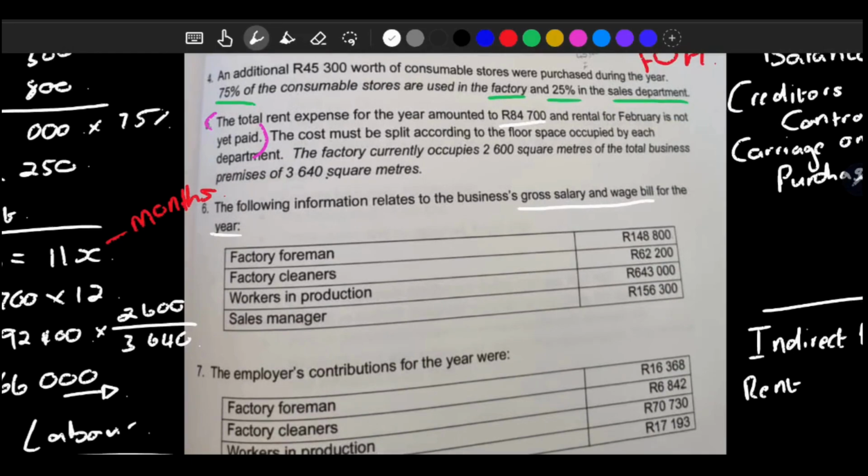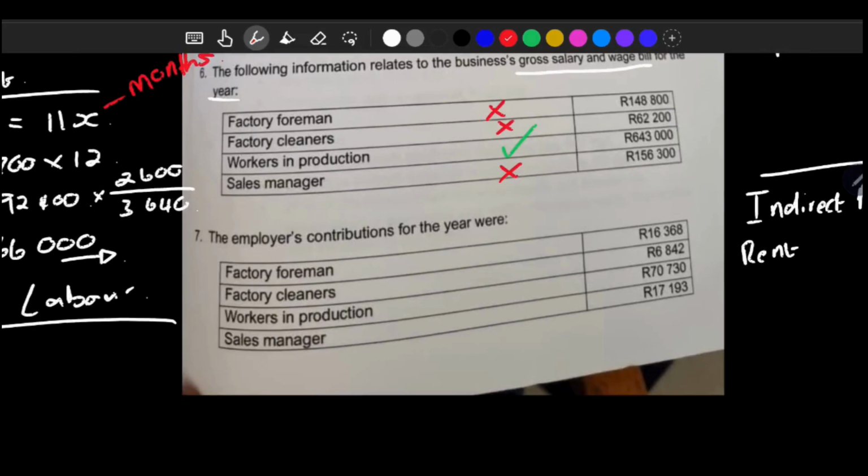Factory cleaners, they do not touch it either. But the workers in production, they do. Sales manager does not. So also looking at the next part, the employees' contributions for the year: factory foreman is not direct, factory cleaners is not direct, sales managers is not direct, workers in production is direct.